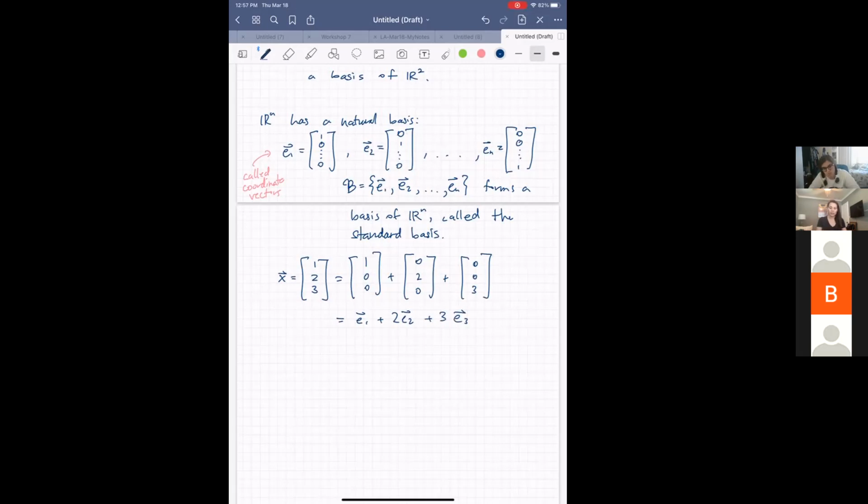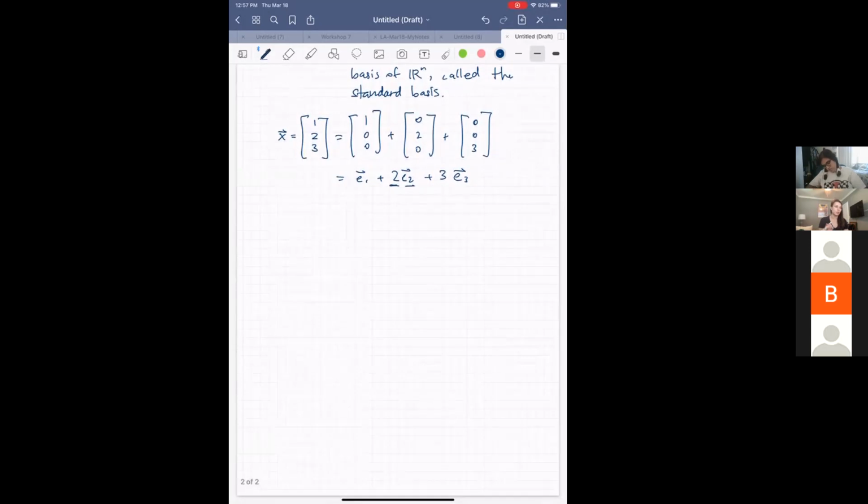So writing x as a linear combination of these coordinate vectors actually tells us what the coordinates are going to be, right? Because this 2 corresponds to E2, which tells us that 2 is the second coordinate of x, right? Okay, so we can use this idea for other bases as well, right?